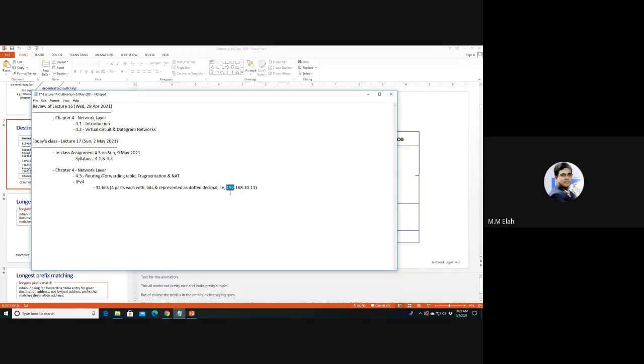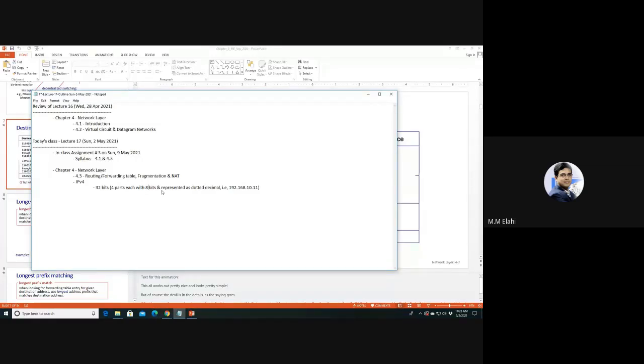So you have done binary to decimal, decimal to binary in many other cases, like in digital logic design and other courses also. And for IP addressing, you need to just practice a little bit. You might need converting decimal to binary and then binary to decimal. And then 4 parts of 8 bits each.